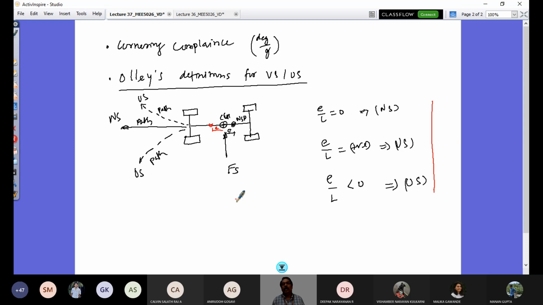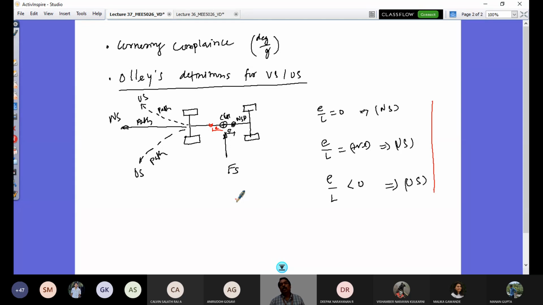Right. So what would happen if that rolls like that? The entire weight of the vehicle, which is balanced equally before the turn on both sides of the wheels, now would have more normal load on the outer wheel compared to that of the inner wheel. So this is going to create a distribution of roll moment in the front axle as well as in the rear axle.